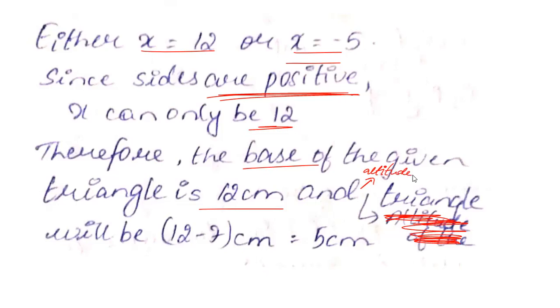Altitude of the triangle will be 12 minus 7, which is 5, which is the expected answer.